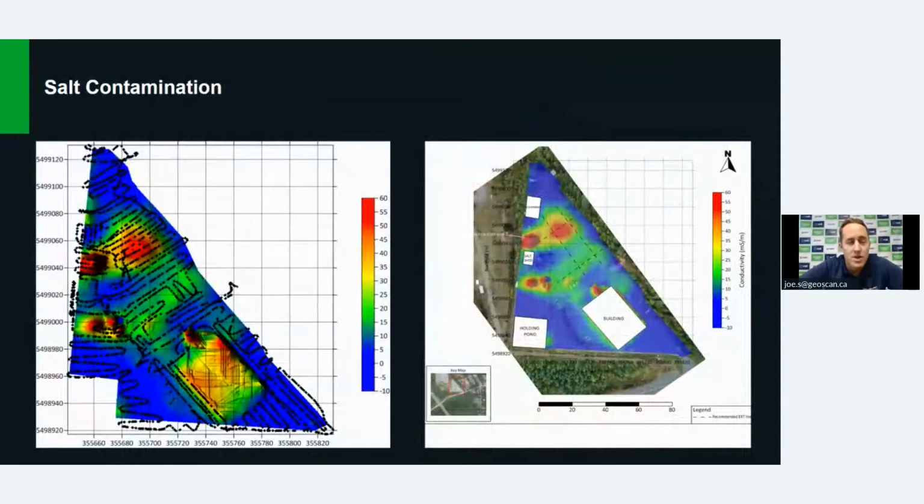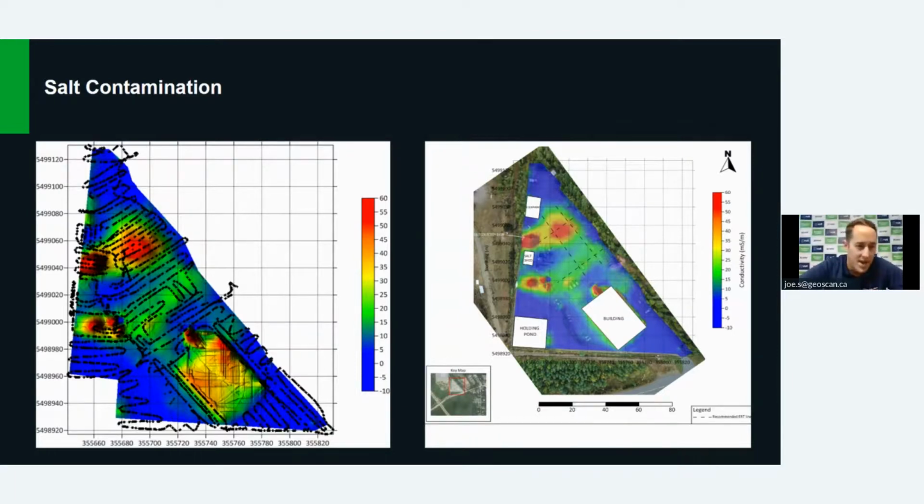Another one of note is salt contamination mapping. This was at a salt storage yard where the sump had damage to it and caused seepage into the subsurface. Because the salt's conductive, using the EM, we were able to map out and produce this heat map, in which the red indicates the most conductive areas, therefore where there was the largest salt contamination.